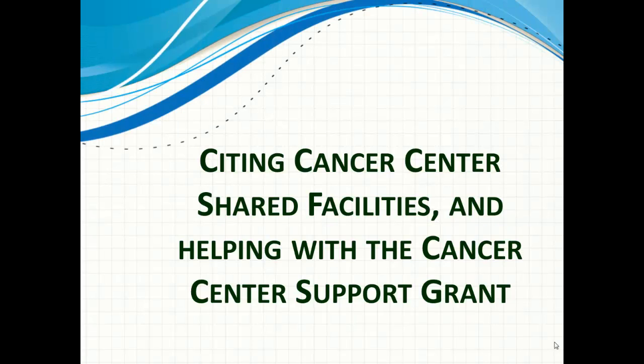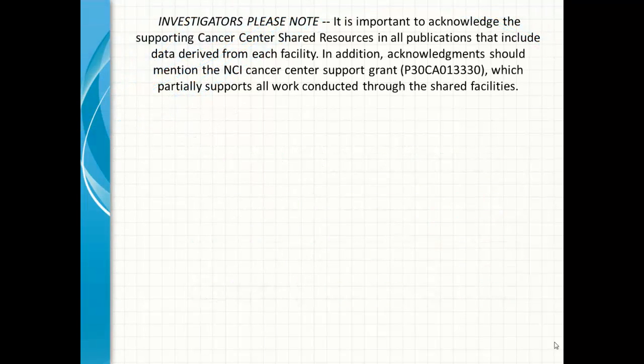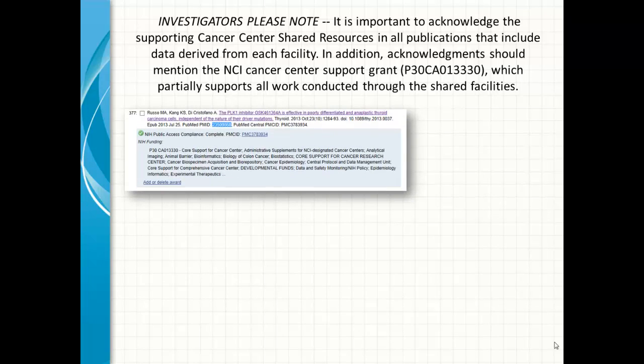Citing the Cancer Center, shared facilities, and helping with the Cancer Center support grant. Our current blurb on our website reads like this. This will be changed due to the NIH policies. Here's a publication that has the core grant under its funding.